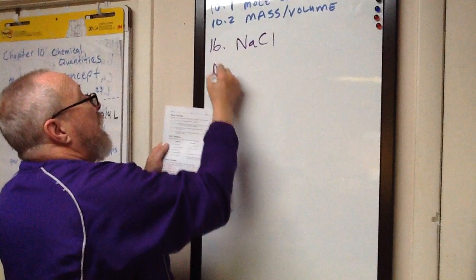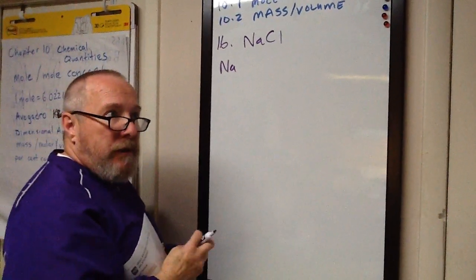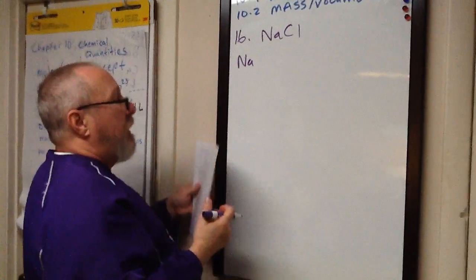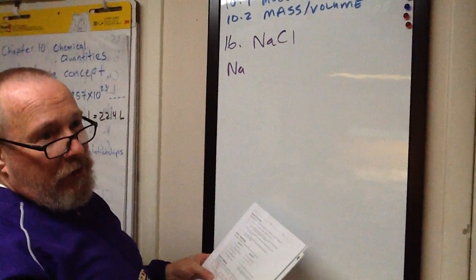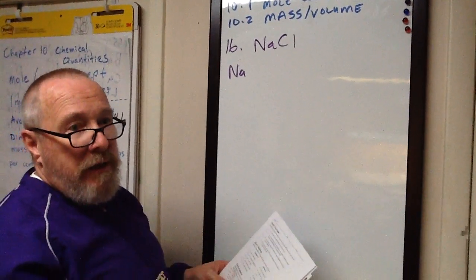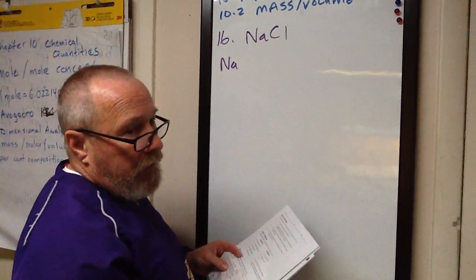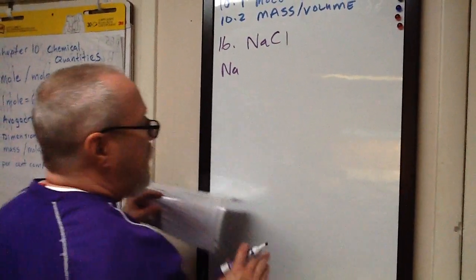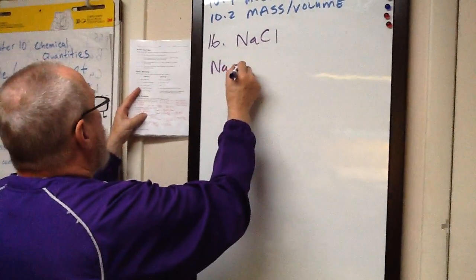And the molar mass of sodium, I looked in the inside cover of your book, and those numbers might be a little different because every year the numbers change a little bit as they get more precise measurements.